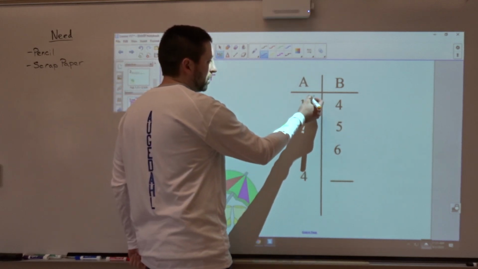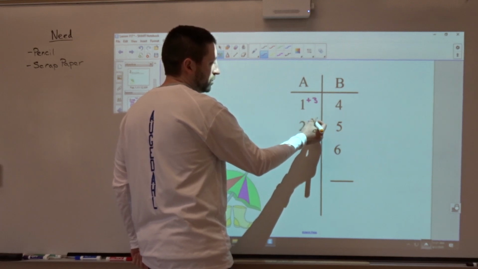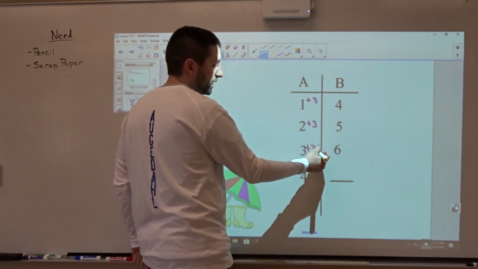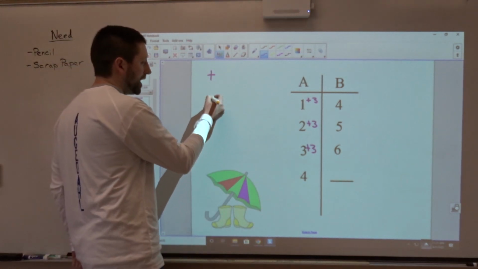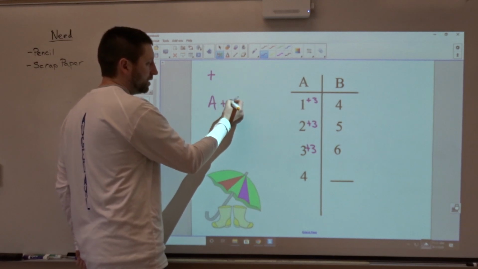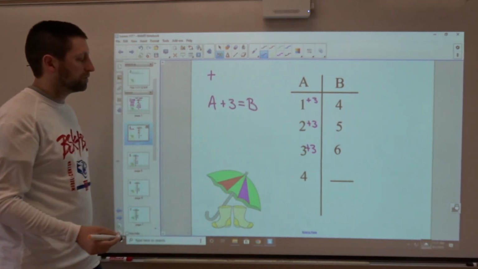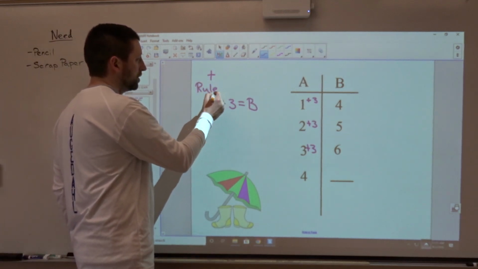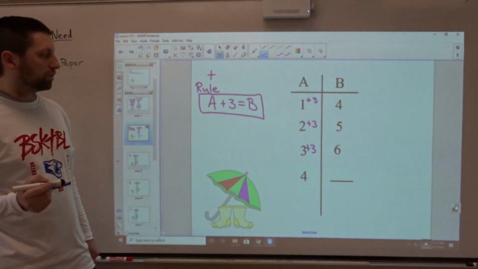If I do 1 plus 3, that's 4. If I do 2 plus 3, that's 5. If I do 3 plus 3, that is 6. So my rule here is whatever A is, add 3, and that will tell you what B is. This is my rule. A plus 3 equals B.